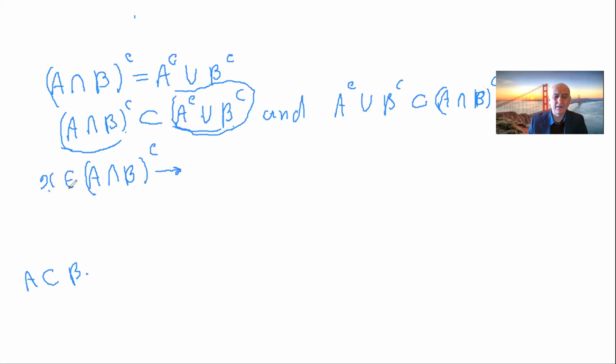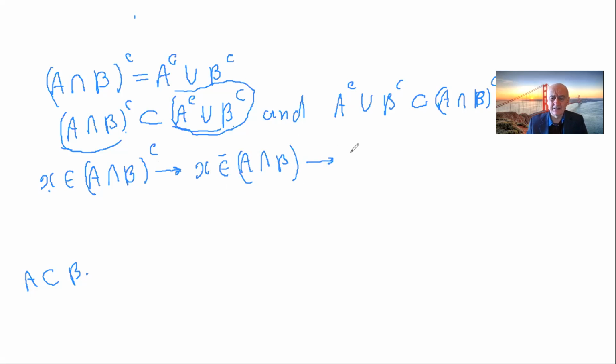So from the definition of complement, X belongs to the complement of the intersection of A and B, it means that X does not belong to the intersection of A and B. Okay, now what does it mean?